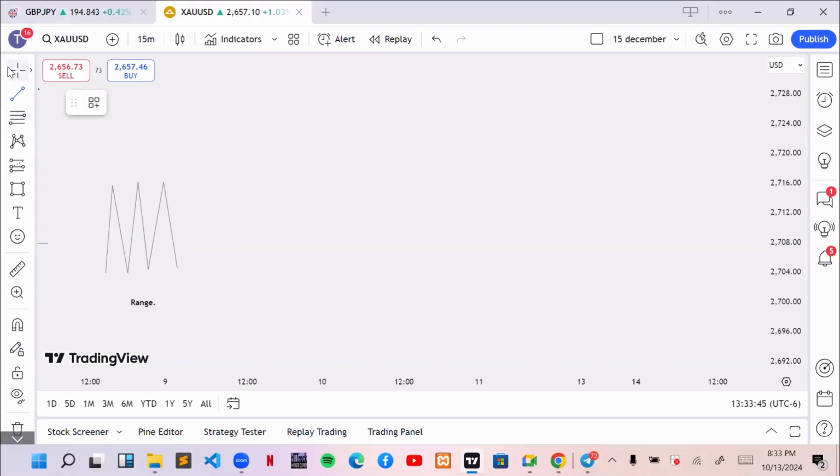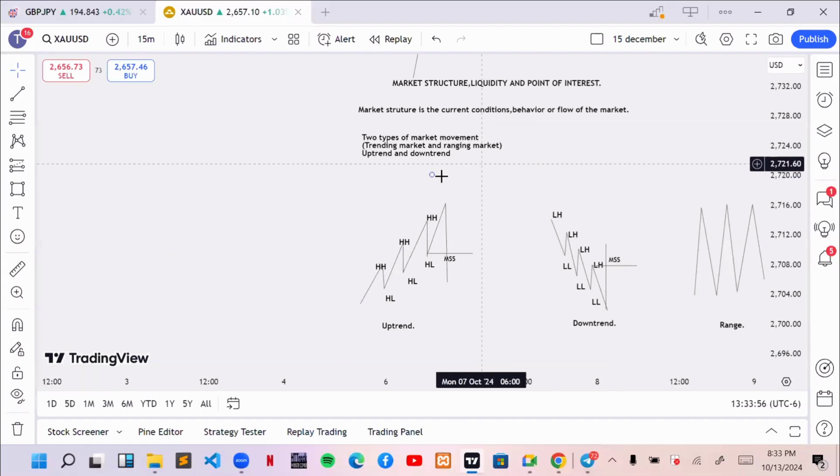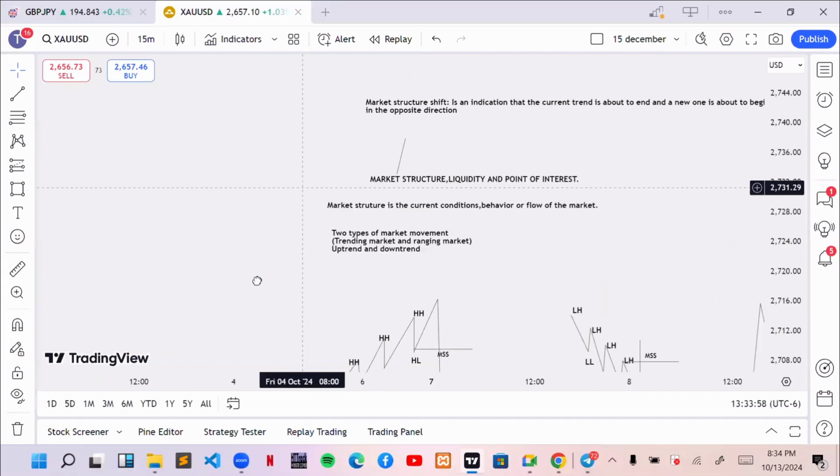A break of structure is a scenario when the market breaks a particular key level in price while still remaining in its current trend. So let me just type it down.